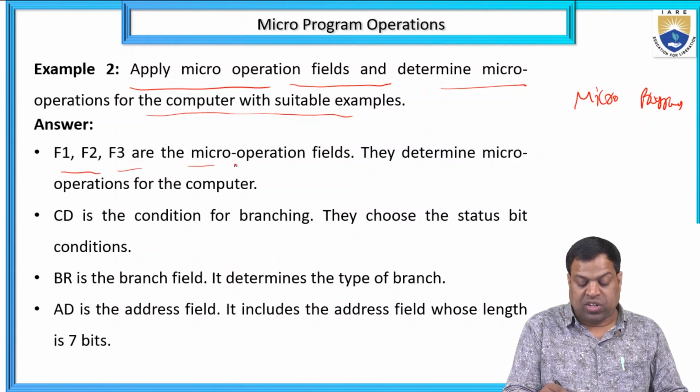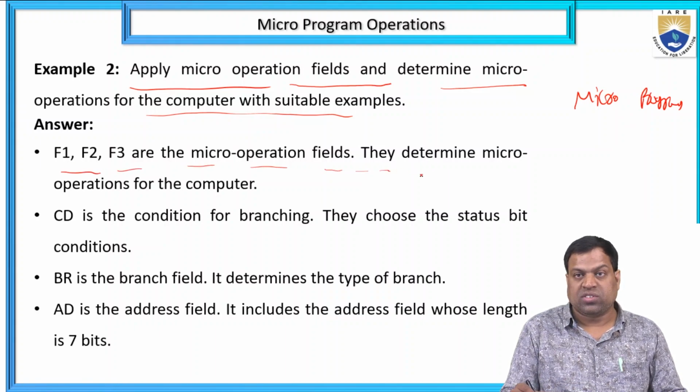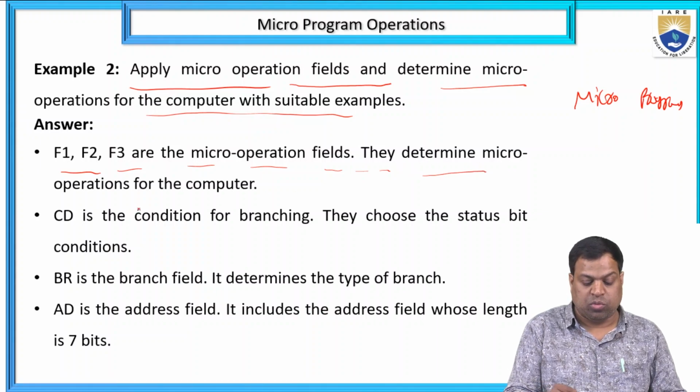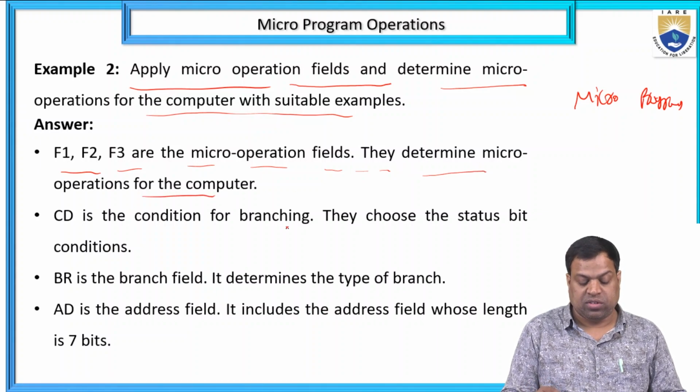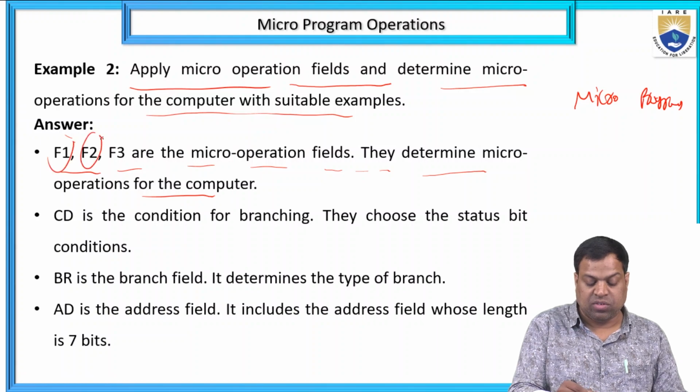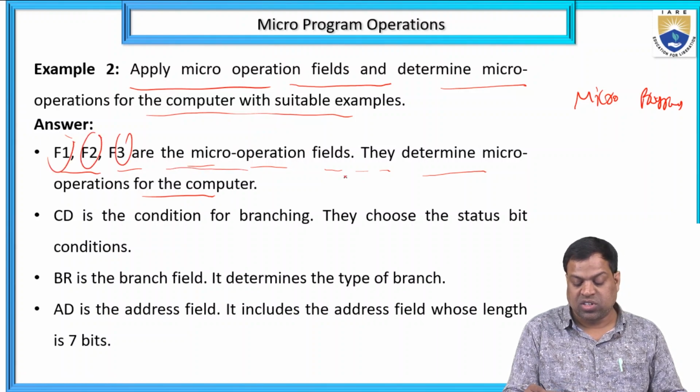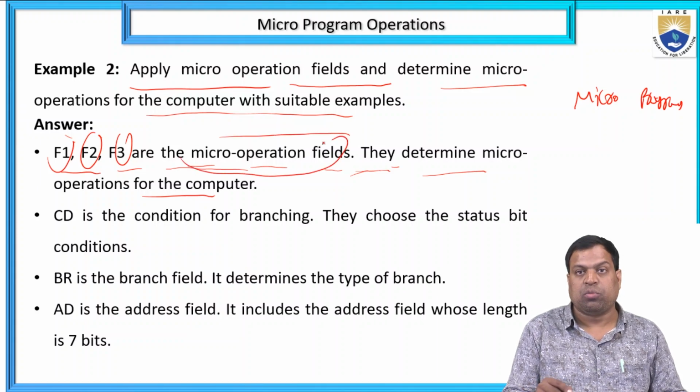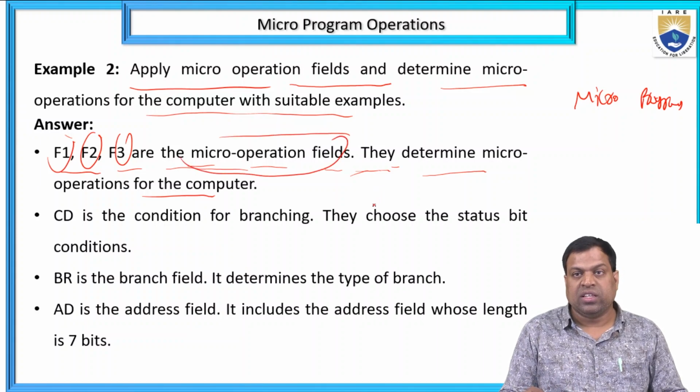F1, F2, F3 are the micro operation fields. They determine micro operations for the computer. So I am taking three fields, and those fields are the micro operation fields.